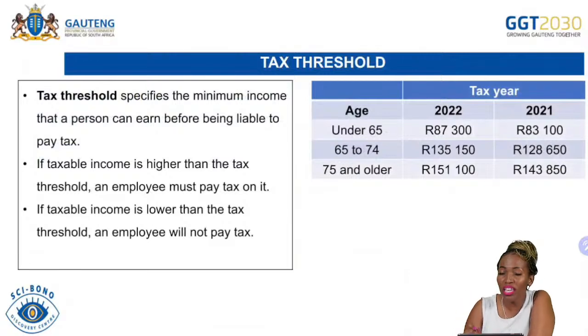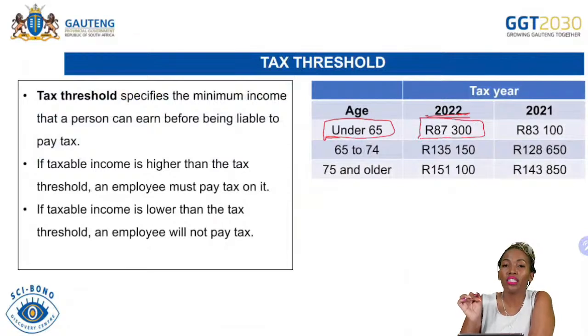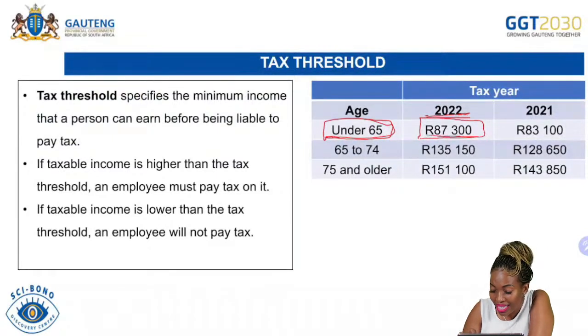Let's look at 2022. This is 2022. And for someone that is under 65 years old, what does this 87,300 mean? It means for someone that is under the age of 65, that earns 87,300 or less, then this person must not pay tax.